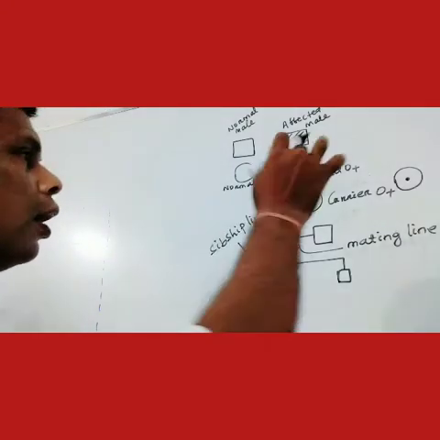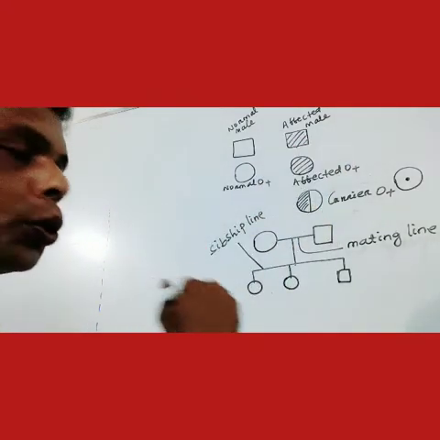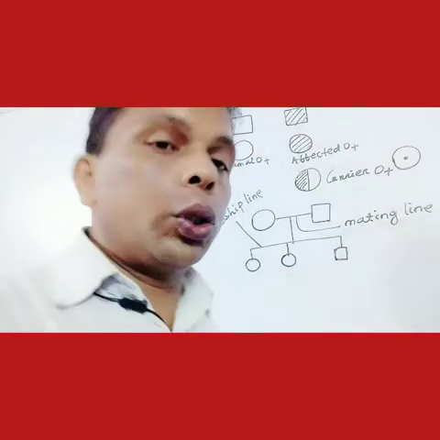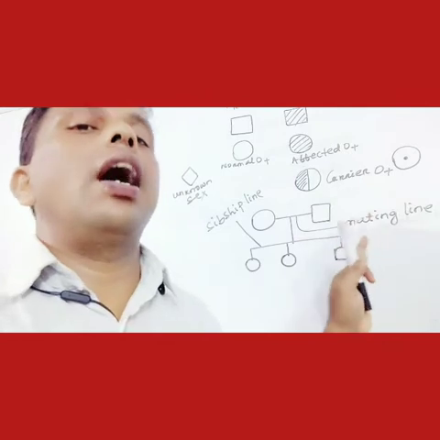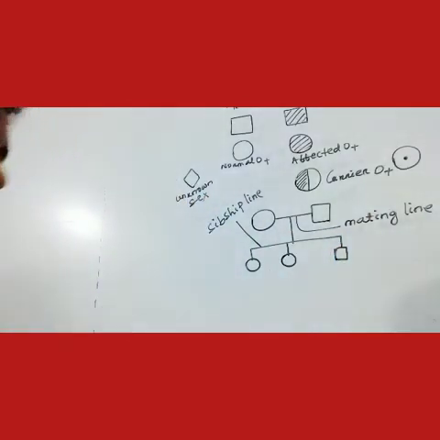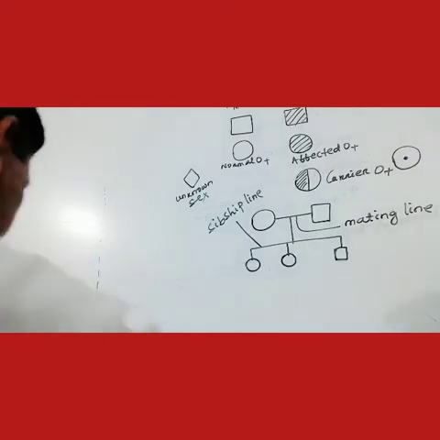Then some of the other symbols which are used: the rhombus shape for intersex or unknown sex.